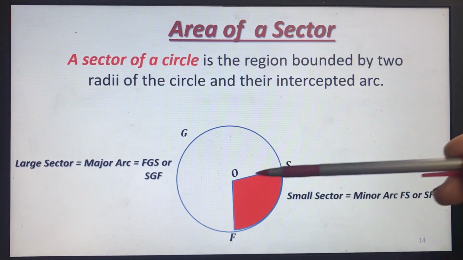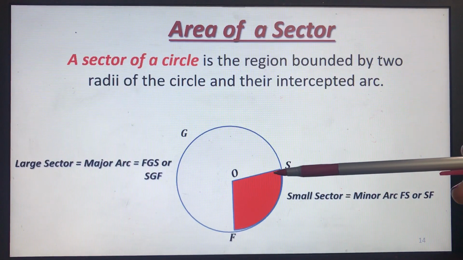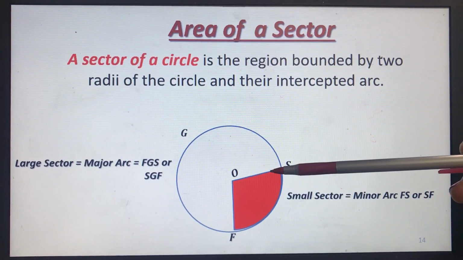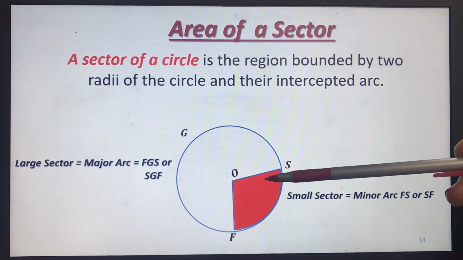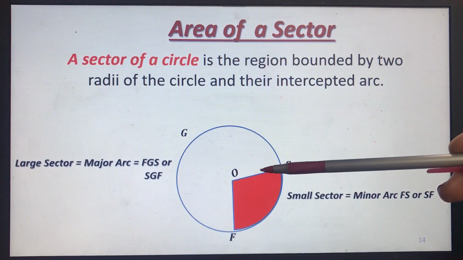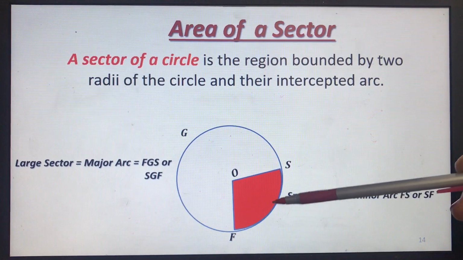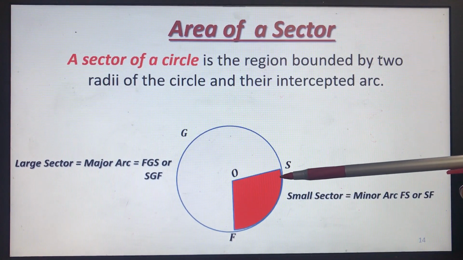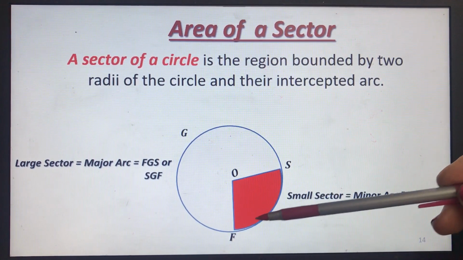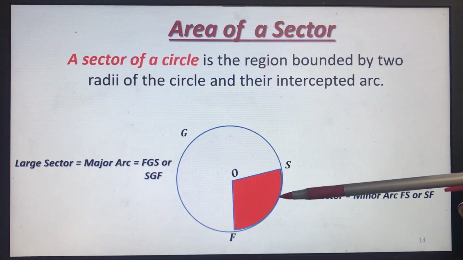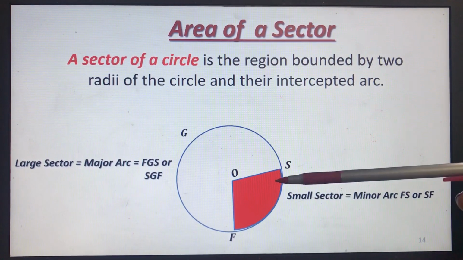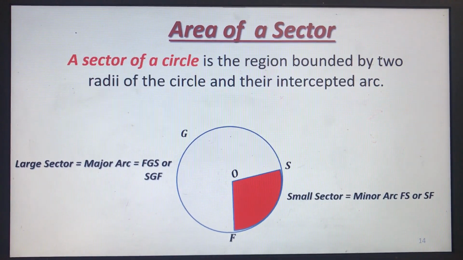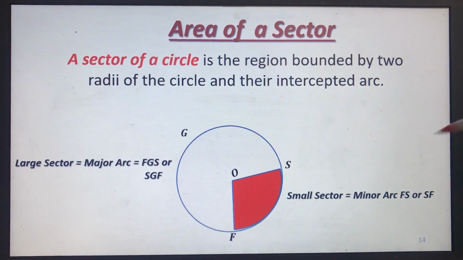So they are the two radii of the circle, and they are part of the sector of a circle. So these would be the two radii and their intercepted arc. Notice here that the intercepted arc is going to be the minor arc represented by FS. So it would be minor arc FS.